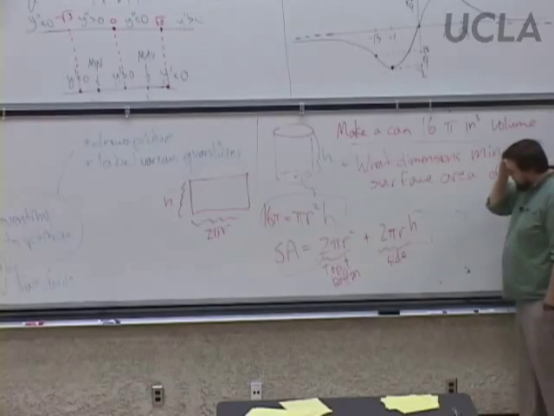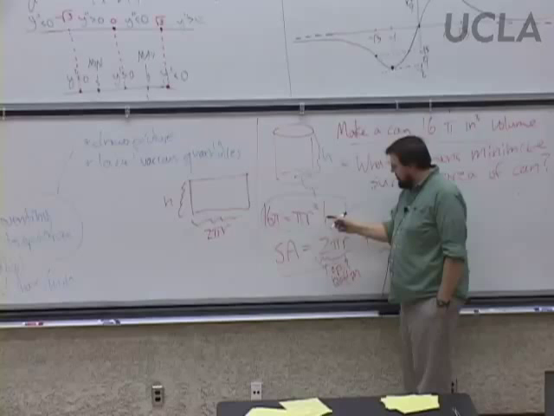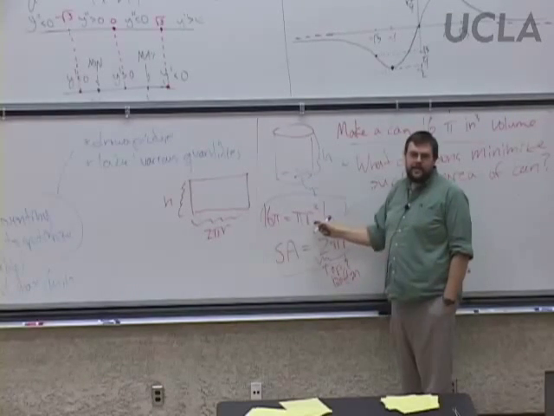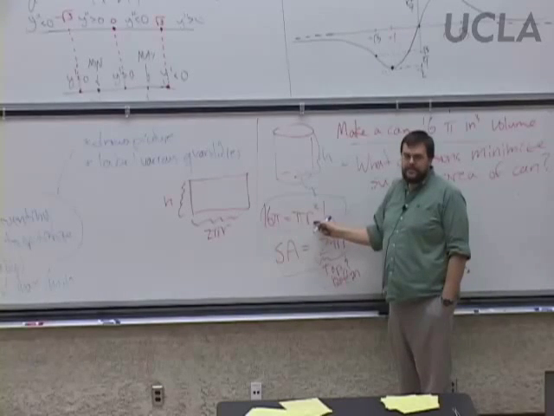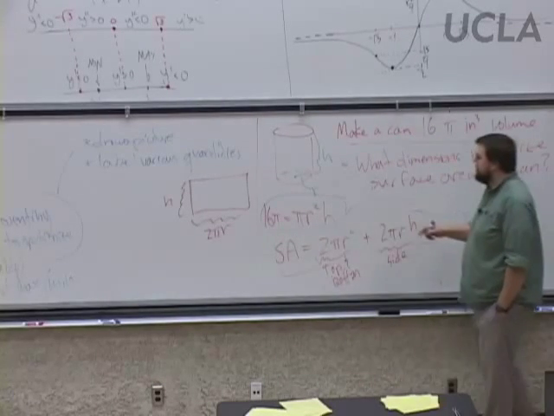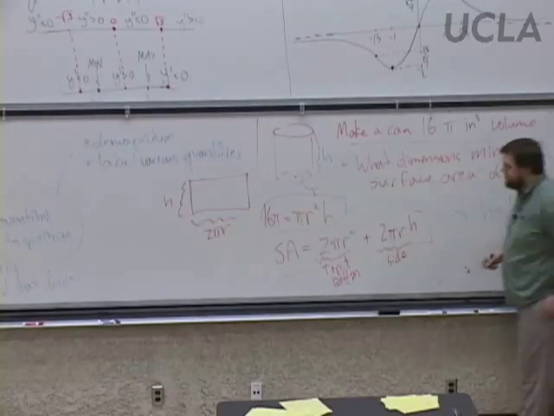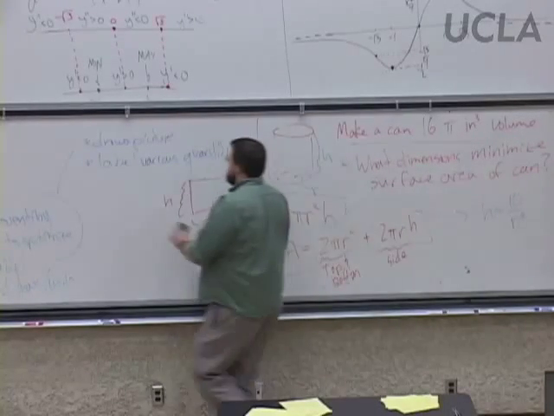But that said, there is a right answer in this case. The reason I say there's a right answer is, which one is easier to solve for? H. Because if you solve for r, what are you going to end up having? Square root. We hate square roots. Don't want them. Okay, so let's solve for h. The pi's cancel. H is 16 over r squared. Now we throw that into our equation.